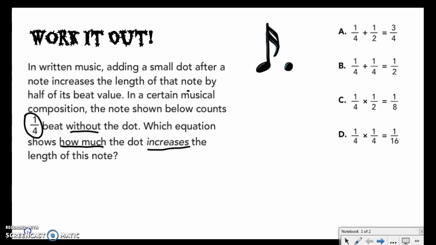How much does it increase after you multiply? Well, we know that 1/4 the beat was without the dot, and we know that when you add a small dot, it increases it times 1/2. Okay? Well, if you're going to multiply 1/4 times 1/2, you will get 1/8. So the correct answer is C.